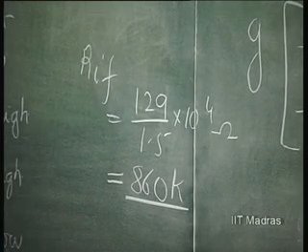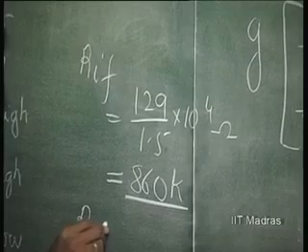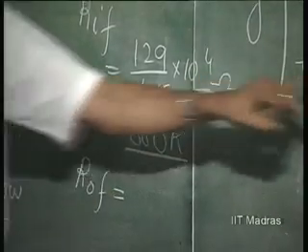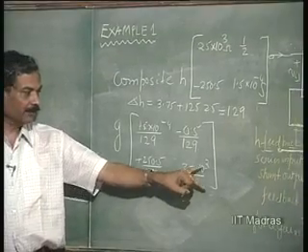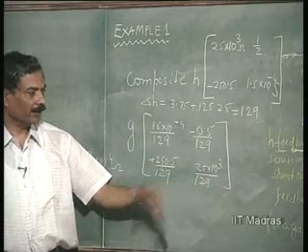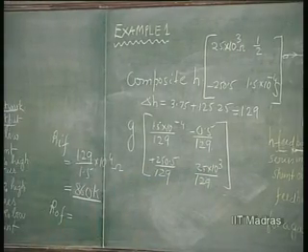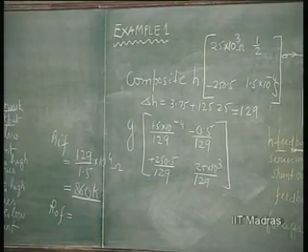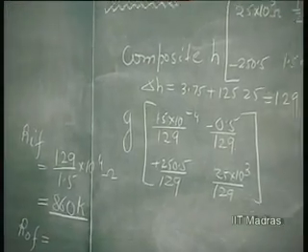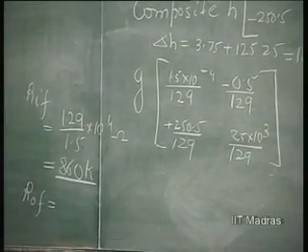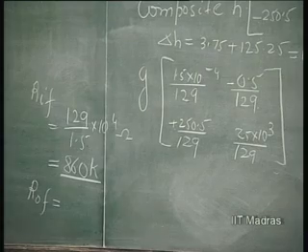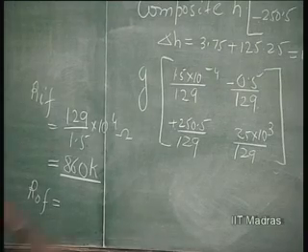Fine. What is the output impedance of the amplifier? That is straight away 25 K by 129, or it is less than about 194 ohms, is it? No, this is 129.